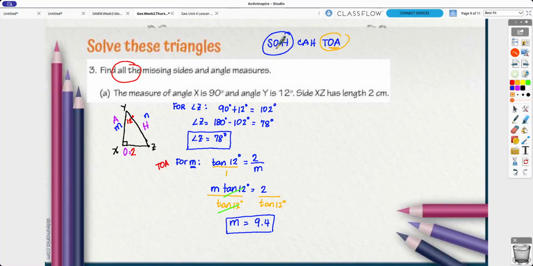Okay? O and H. So for N, we use the sine. So sine of the angle, our angle is 12, is equal to the opposite side 2 divided by the hypotenuse, which is N.